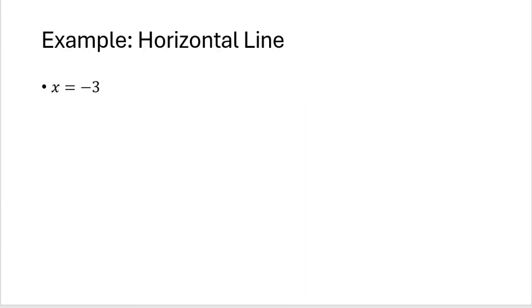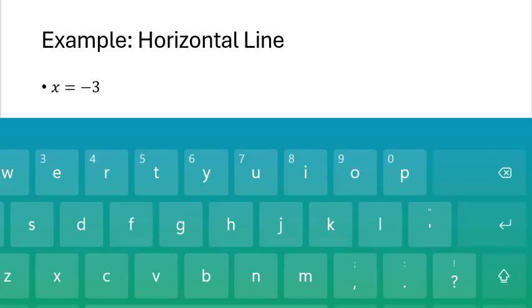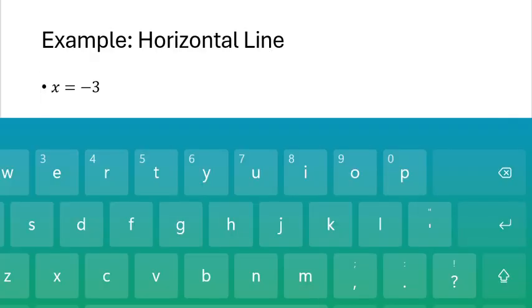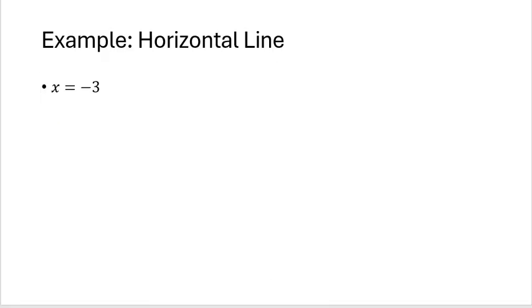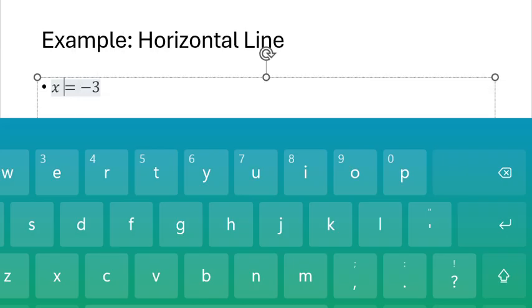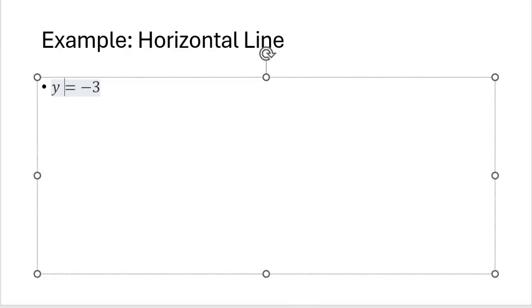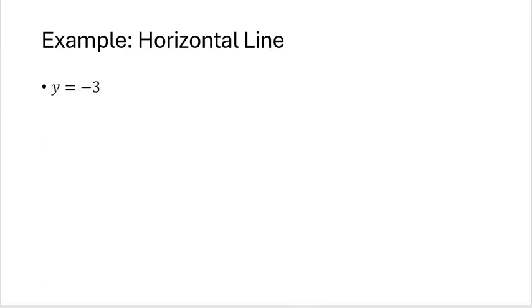Let's do an example right now. I just need to change this real quick. So this needs to get changed. y equals -3.